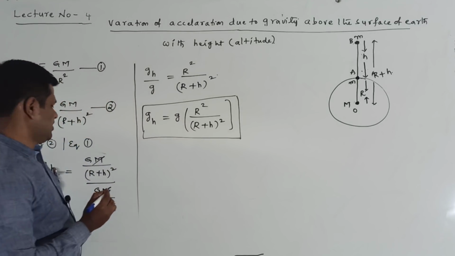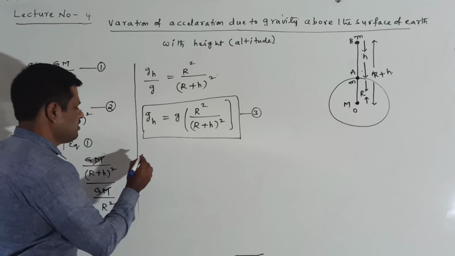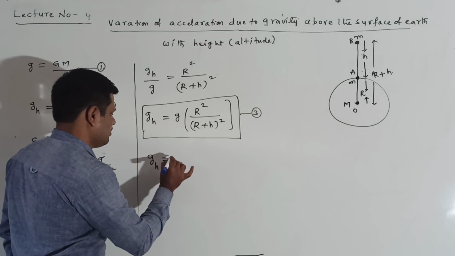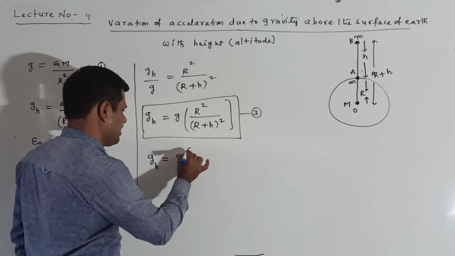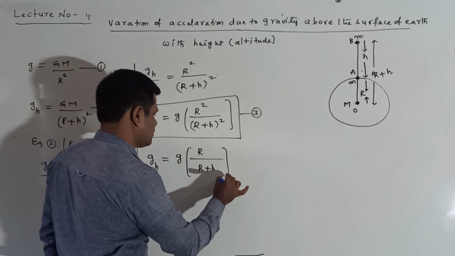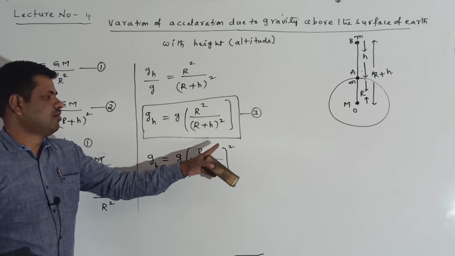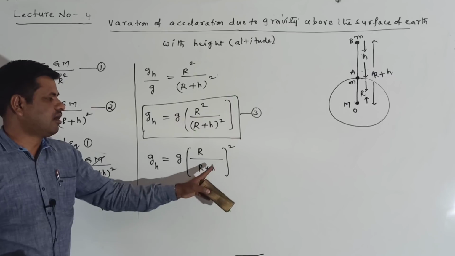This is given as equation number 3. Now I am changing this: gh is equal to g into, we can write it like this also, (R by R plus h) whole square. Taking the square outside, R square means R square, and again we get (R plus h) whole square.